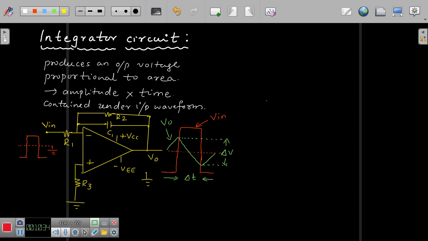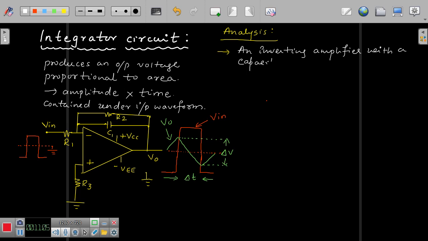So now here let us try to take the analysis of the circuit. Okay, so here the circuit is basically an inverting amplifier with a capacitor in the feedback path.